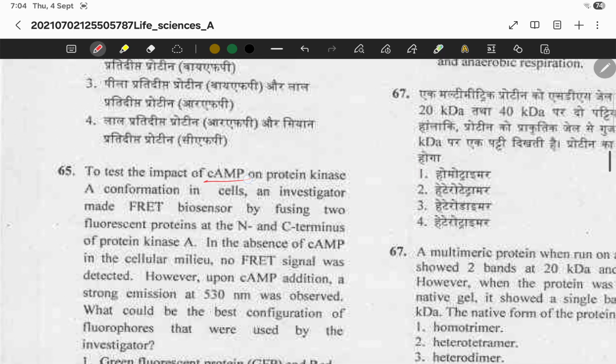To test the impact of cAMP on protein kinase A conformation in cells, an investigator fused a FRET biosensor to fluorescent proteins at the N and C termini of protein kinase A. In absence of cAMP in the cellular milieu, no FRET signal was detected.